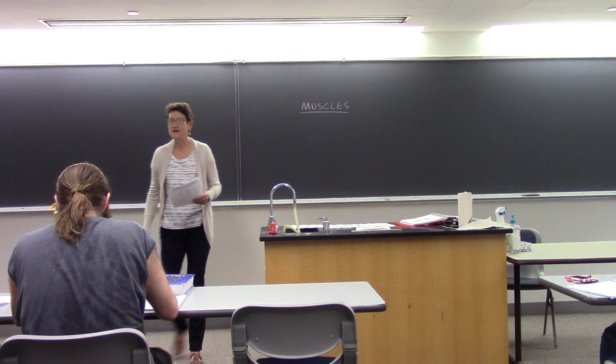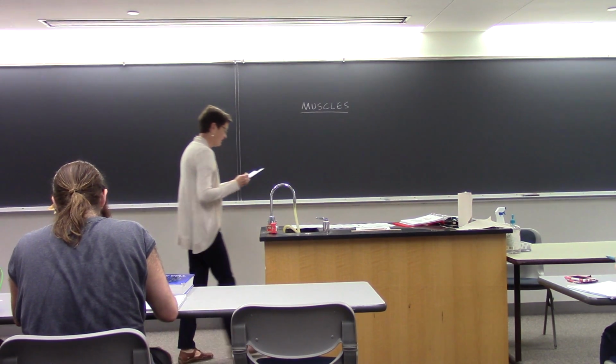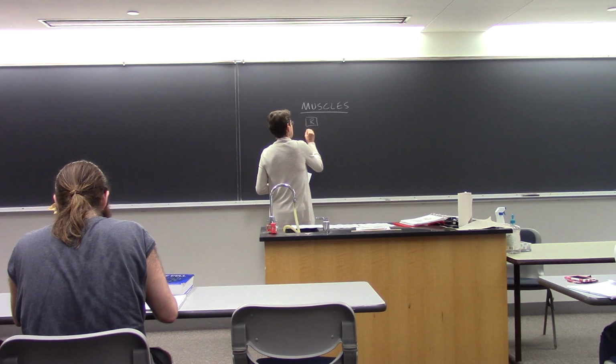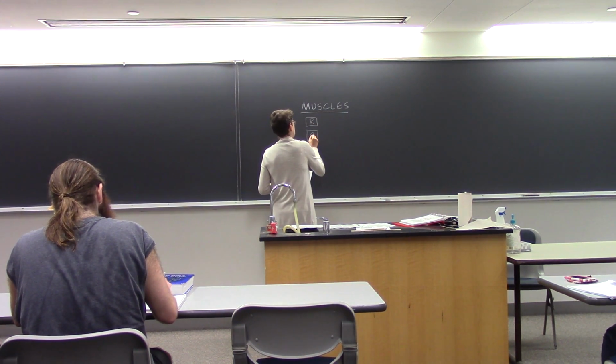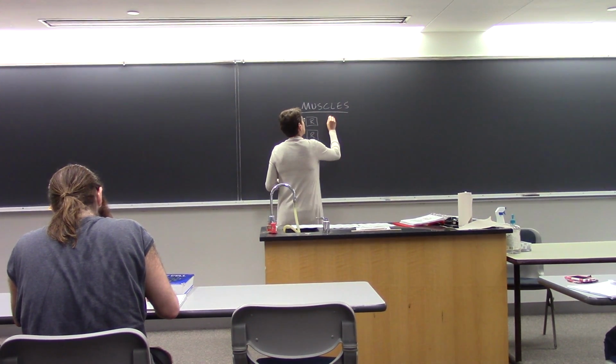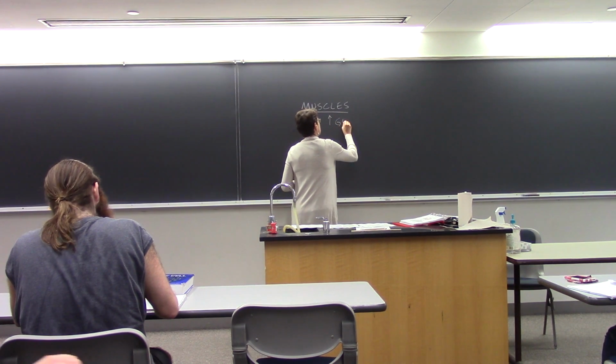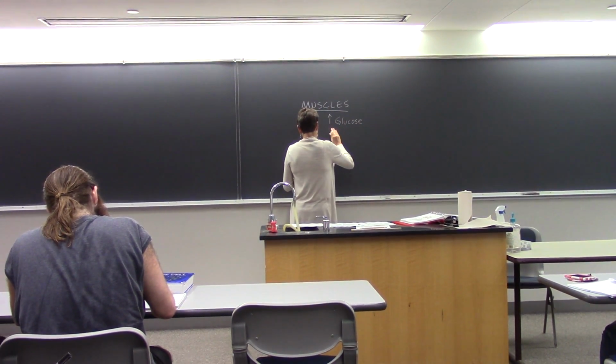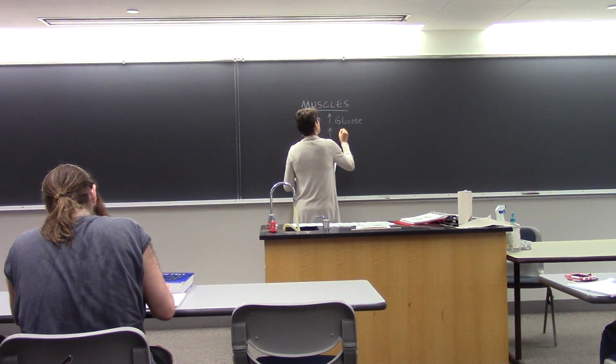Okay, I'm just going to interpret how you read this chart. It says there's a box with an R in it and a box with an R in it. Increased glucose uptake. Increased glycogen.